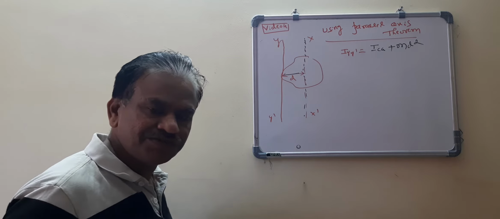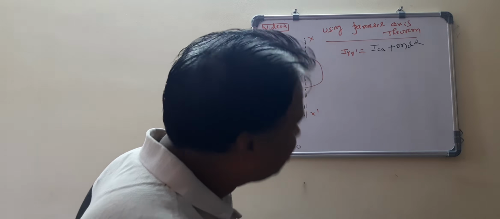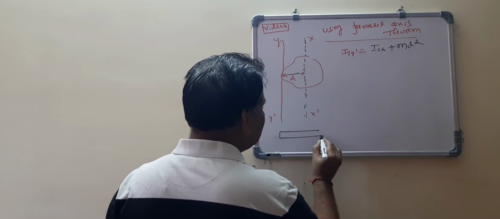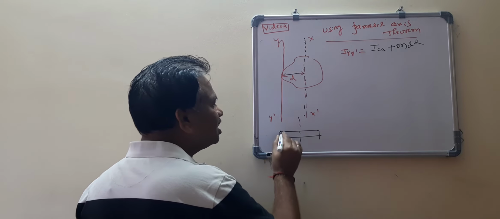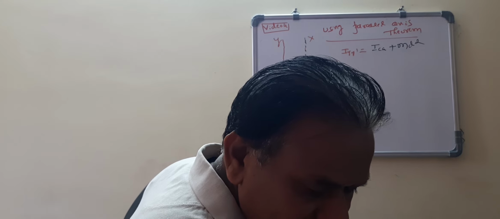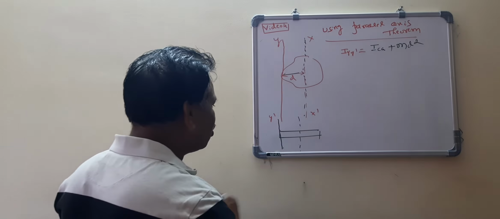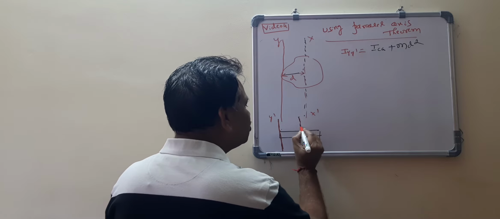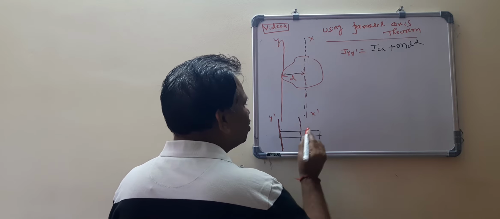Apply this concept. In this case, the rod: an axis is passing here, and there is another axis here. This is the rod, this is the center.